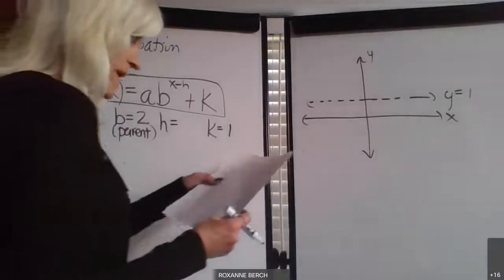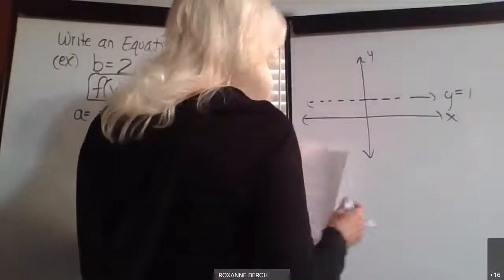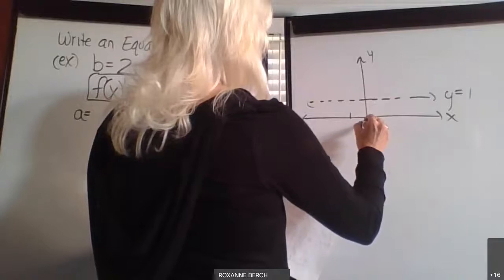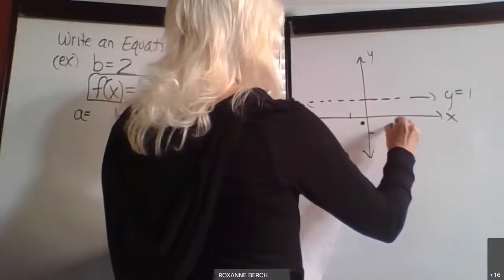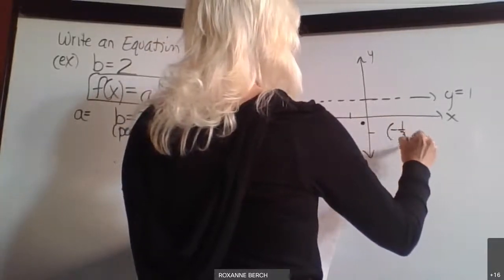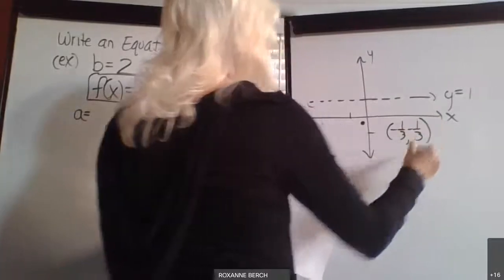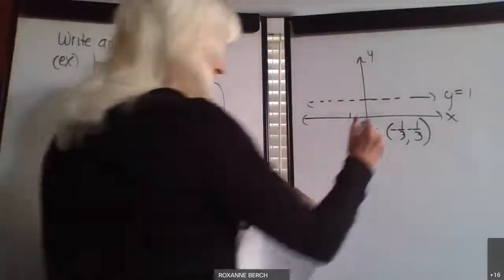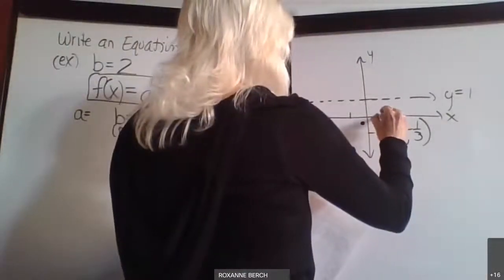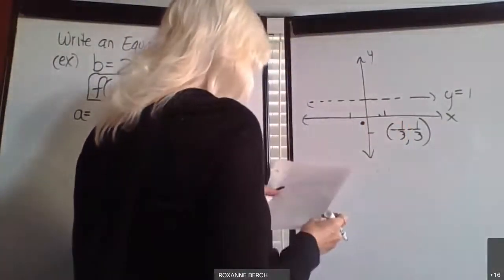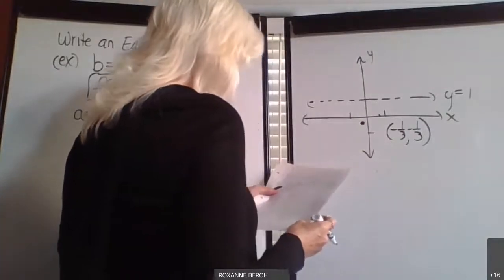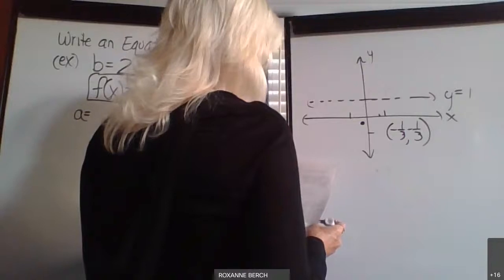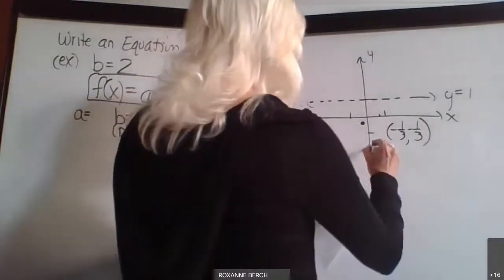All right, the other points they give are kind of crazy. They give left 1 out of 3 parts, down 1 out of 3 parts. And they give right 2 out of 3 parts, and down negative 5/3, which is negative 1 2/3.